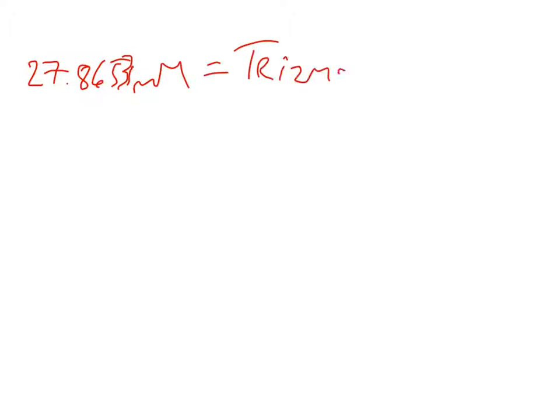Okay, so our A minus, 27.8653 millimolar, is equal to our Tris base. Cool. So we got that much.